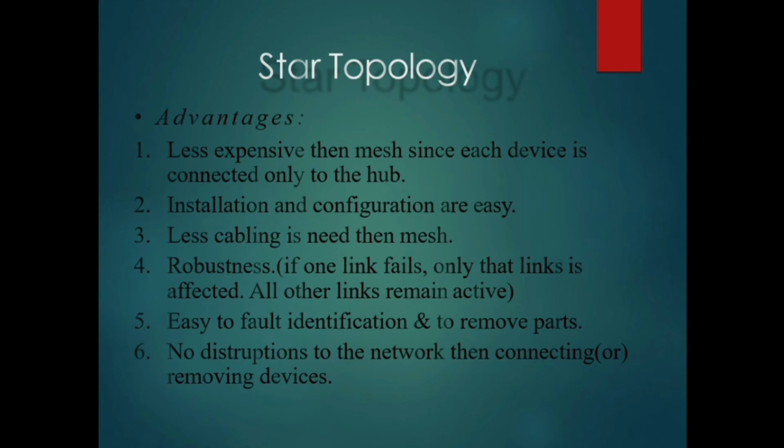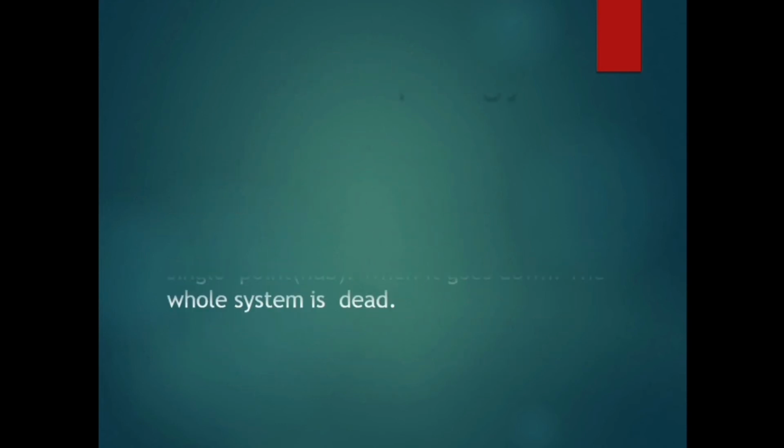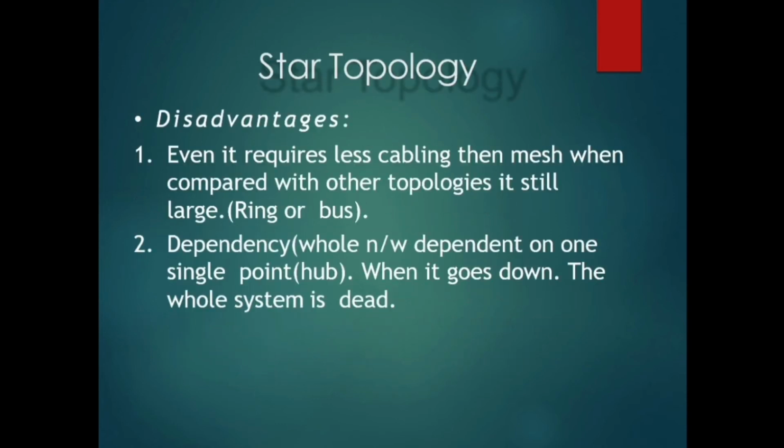Now we will look at the disadvantages of star topology. Even though it requires less cabling than mesh, when compared with other topologies like ring or bus, star topology needs more cabling. Dependency: the whole network depends on one single point.